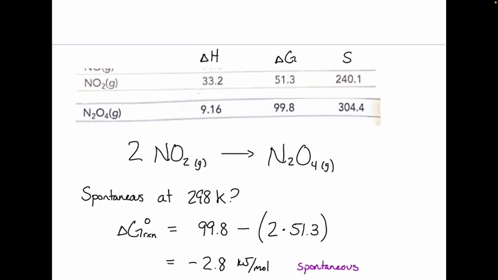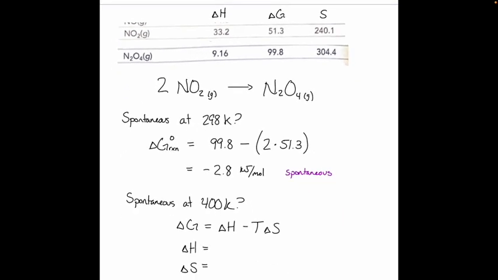Everybody take a second and give me delta H and delta S based on these values here. Same way, products minus reactants times their stoichiometric coefficients, same way we did delta G, just using the columns for delta H and S.